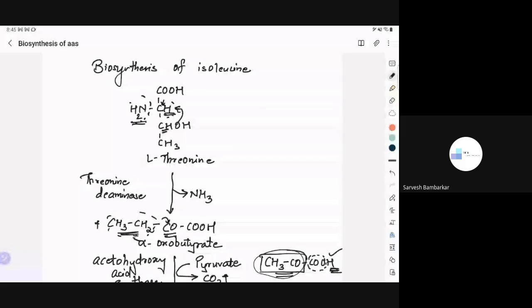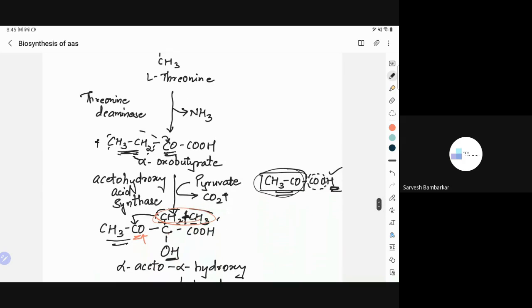This both is going to be released in the form of ammonia. Now, when you do this, the oxygen of the adjacent carbon is going to be moved up, from where we are removing the ammonia. So you get CH3, CH2, CO, COOH, which is alpha oxobutyrate.